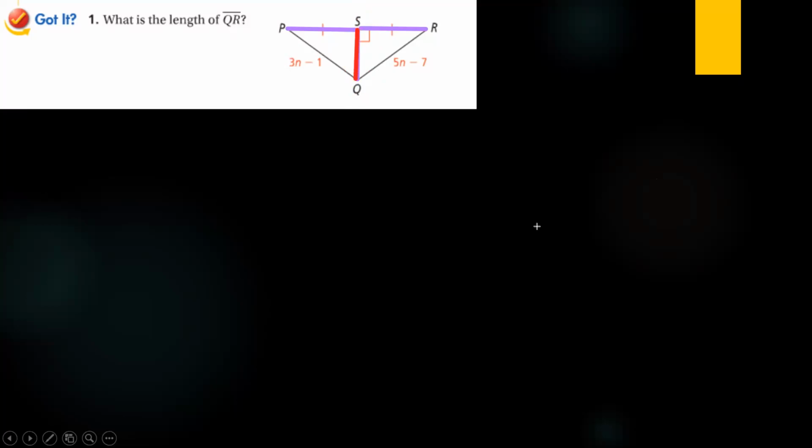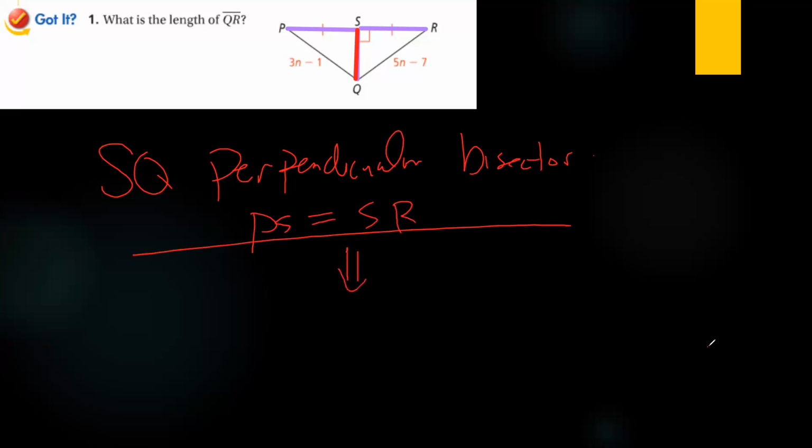So since SQ is a perpendicular bisector and PS is equal to SR, can I conclude that PQ is equal to QR? Yes, teacher.